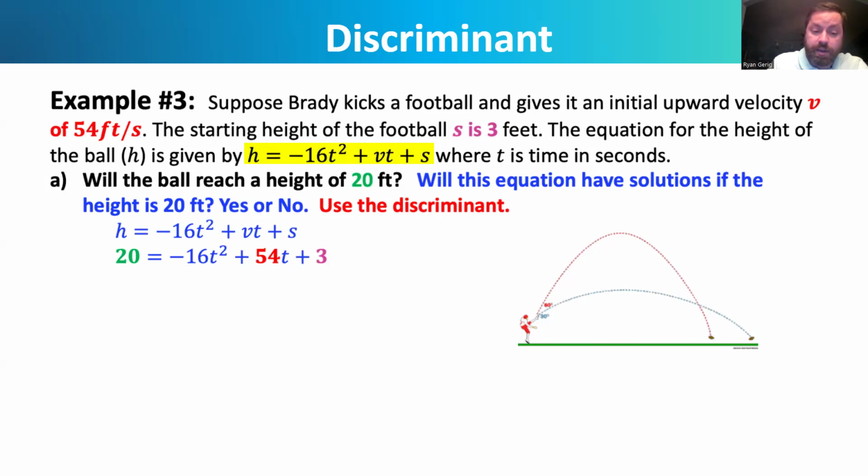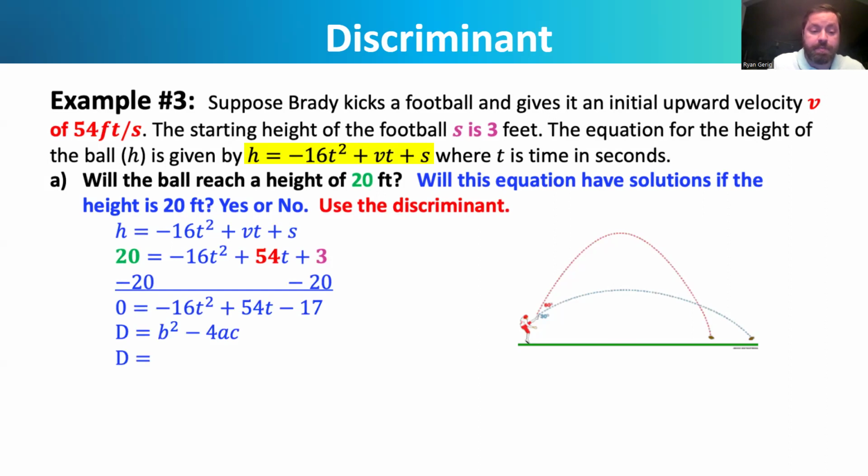Now, we can't go straight to the discriminant because it's not equal to 0. So I'm going to subtract 20. 3 minus 20 is negative 17. Now I can go to the discriminant, plug in the numbers, and then put it in my calculator, and I should get 1,828. What does that mean?